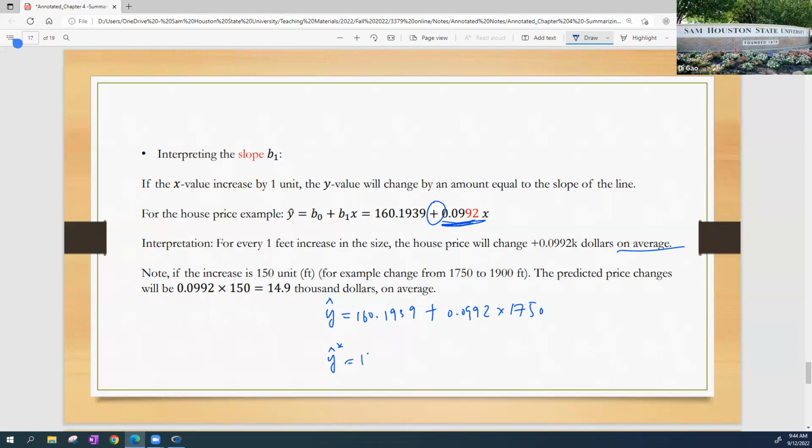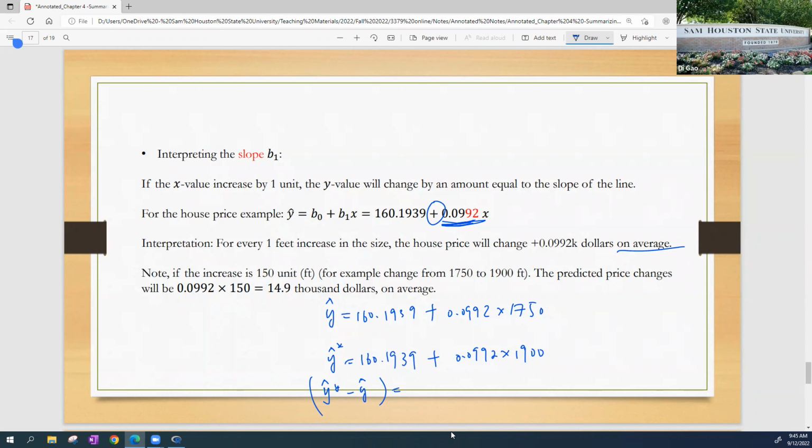And for y hat star, same thing for the intercept, 160.1939 plus 0.0992 times 1900. So that's a 150 unit change. The y hat change is what? We use y hat star minus y hat, the change, which is this one minus that one.